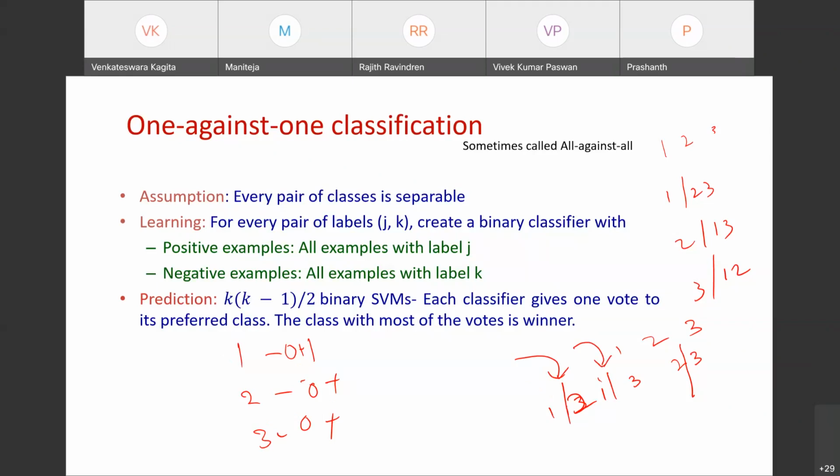Suppose this is also classifying it as 1. Then you increment the count for 1. Class 1 has got 2 votes so far. And give it to the last one. Let's say this is classifying it as 2. Class 2 has got one vote. So on the whole, class 1 has got 2 votes, class 2 has got 1 vote, class 3 has got 0 votes. So which label would be assigned? The class with the most number of votes, that is class 1. Right, good. So that is how we assign a label in 1 against 1 classification.